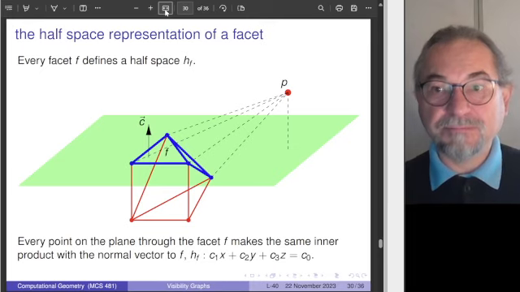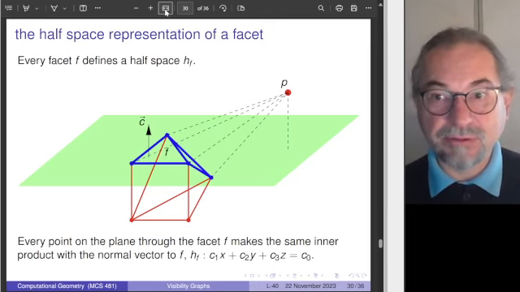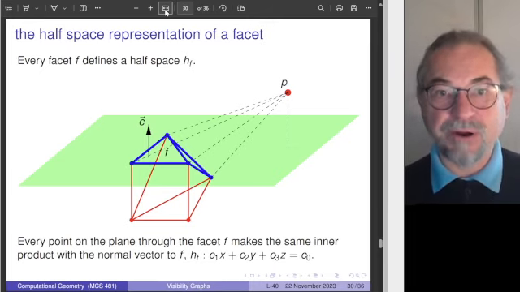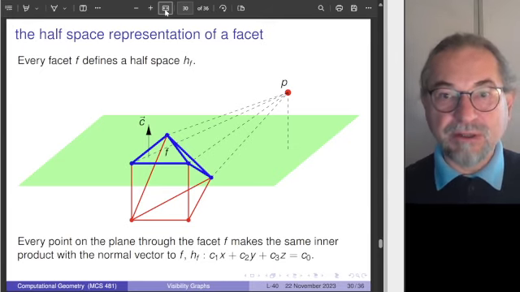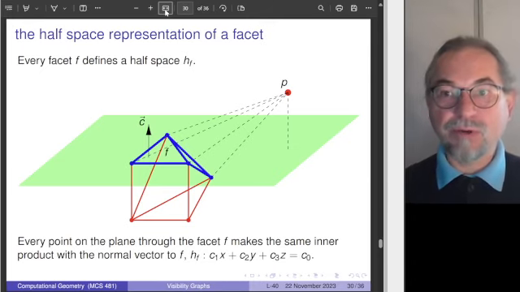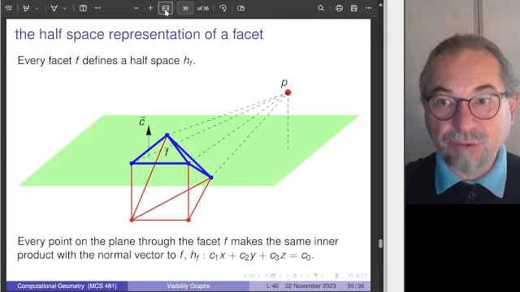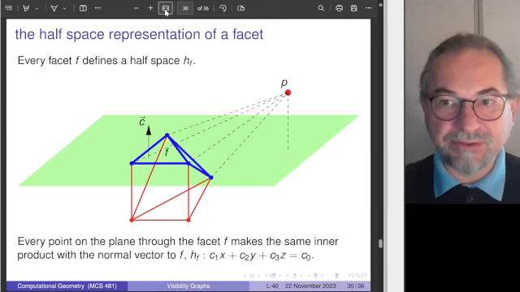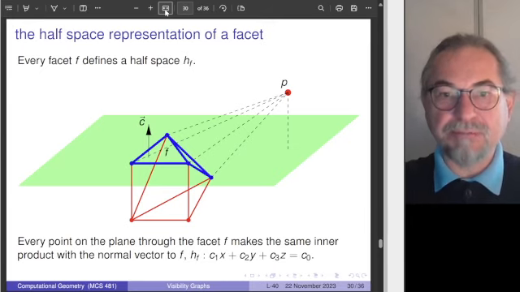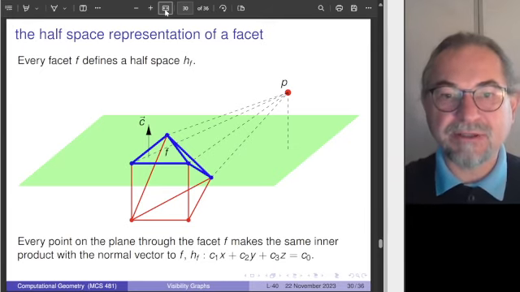Okay, so what is important in this course are algorithms. So we defined the horizon, again related to what we have covered before already, the visibility graph. If we work on an incremental construction of the convex hull in 3 space, we add a point and we have to replace all the facets that we see from that point. So here in this picture, kind of a schematic, we have the green plane that passes through the top facet.